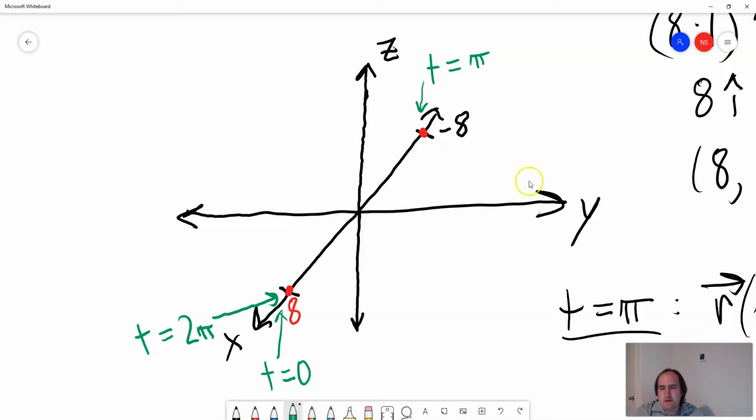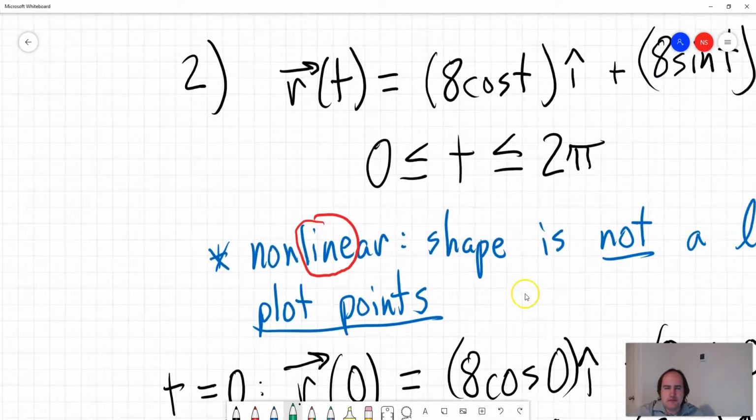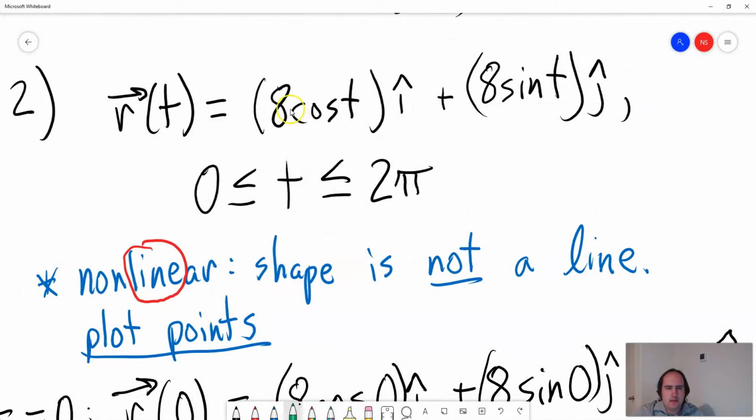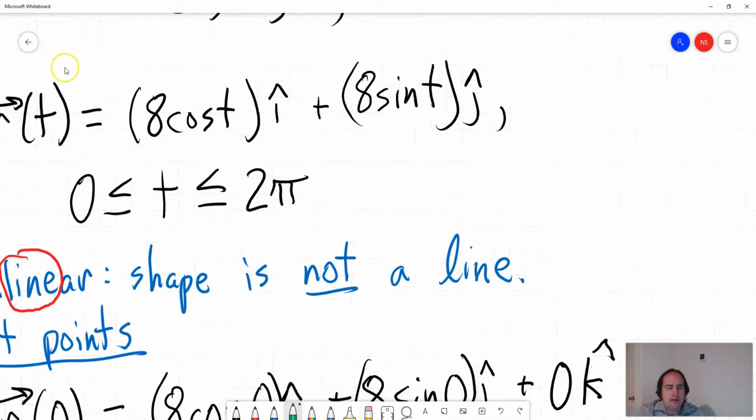Well, some of you might have noticed something about this graph, which is cosine and sine are actually the x and the y coordinates of the unit circle. Now, this is not a unit circle. This is going to be a circle of radius 8 because each of these is multiplied by 8. Okay, so how do I know that it's a circle of radius 8? Well, once again, remember that cosine is actually the x coordinate on the unit circle, and sine is the y-coordinate on the unit circle.